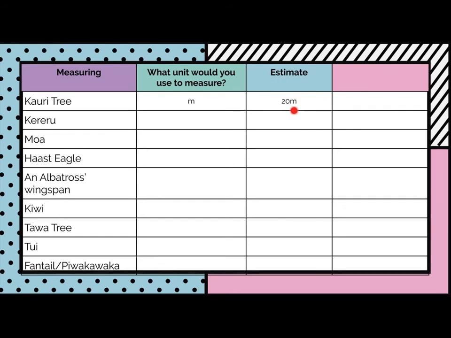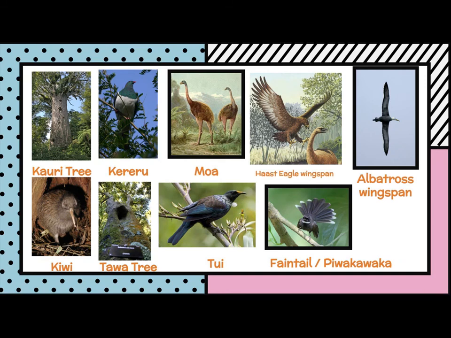And you can see I've included the M. That is correct. If you just wrote 20, it won't be correct because you need to say either centimetres or metres. When you click on the link, you'll have one of the slides that looks like this, and this is just some images of what you are going to be making your estimations on.